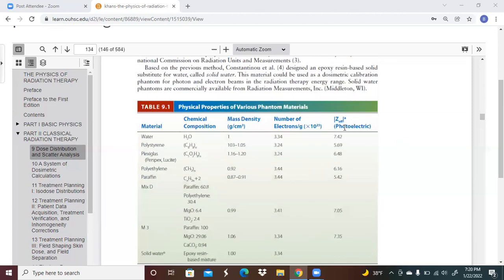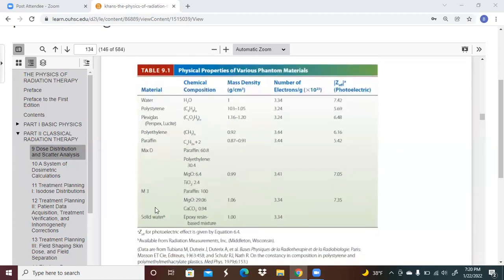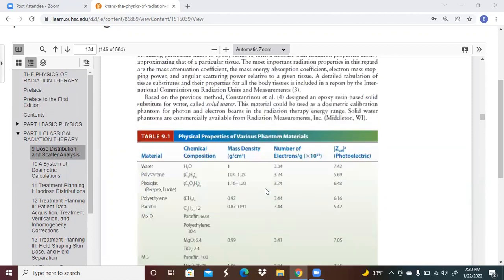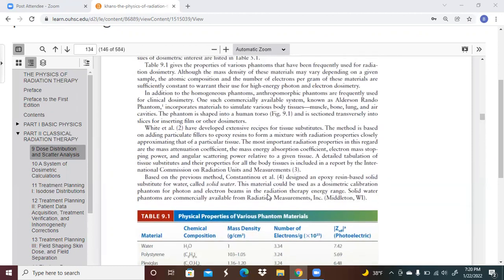And then you've got the photoelectric effect over here. Normally, we're going to be looking for something that is close to something called solid water, an epoxy resin-based mixture. Its mass density is 1, and its number of electrons is close to what we see here. So that's generally what we are going to be trying to use in order to be able to make our measurements.